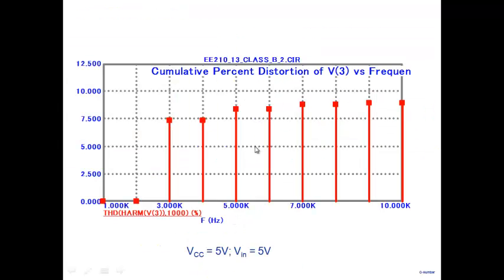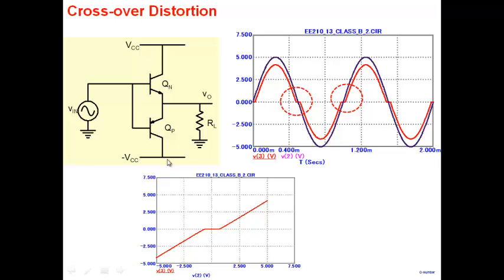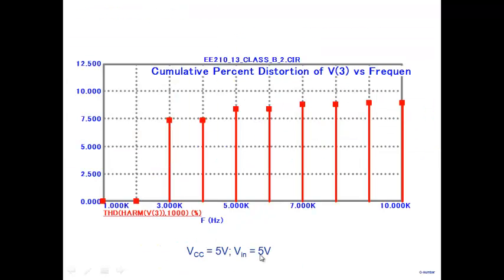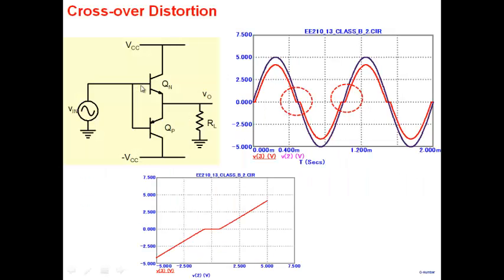For one particular amplifier, I did the simulation with plus 5 and minus 5. VCC was plus 5 and minus 5. Applied 5 volt input, right? And the crossover distortion is almost 8 or 9% because of this value here, when I'm running it on plus 5 and minus 5.